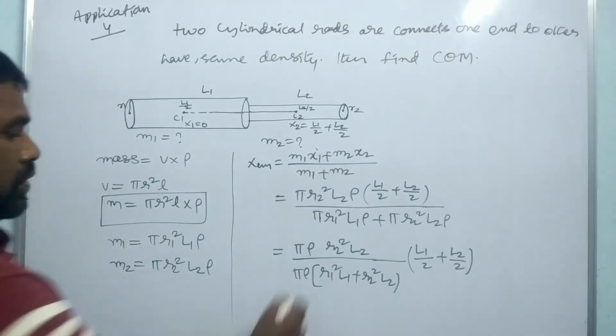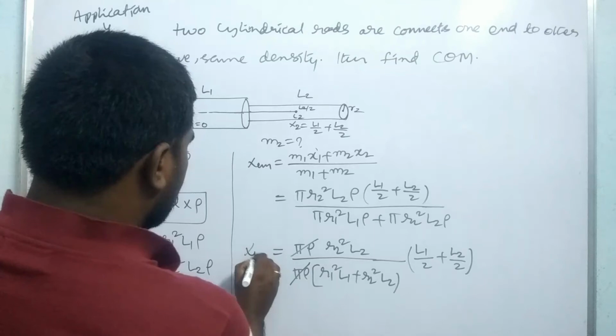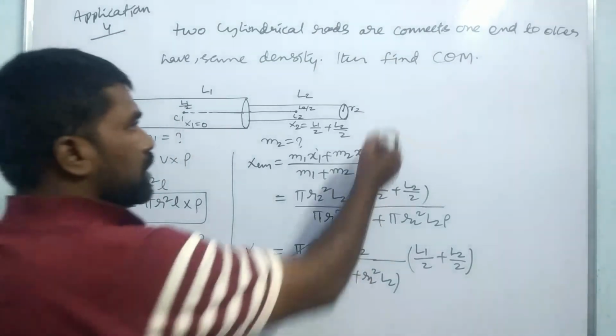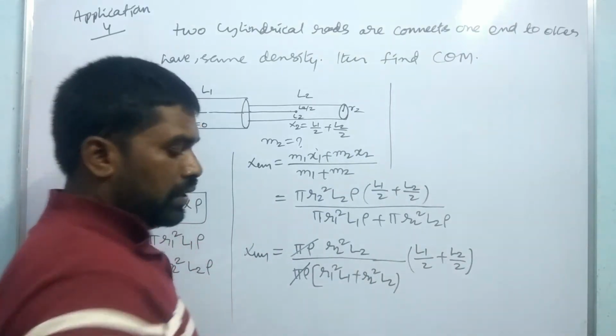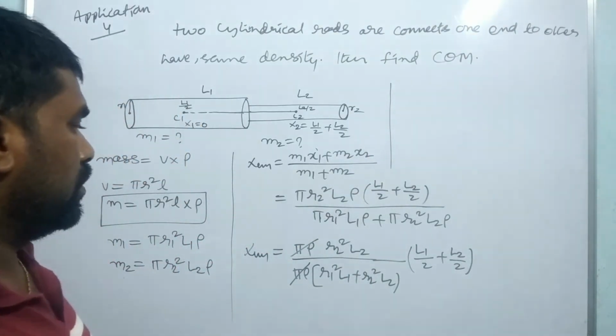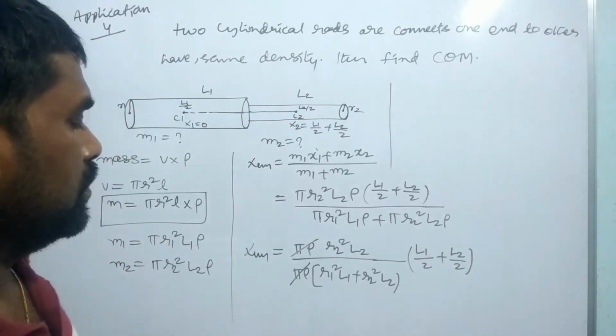Okay, so let us cancel, and then this is the center of mass of the two cylindrical rods connected at one end to another. So that is how we can simplify it here.